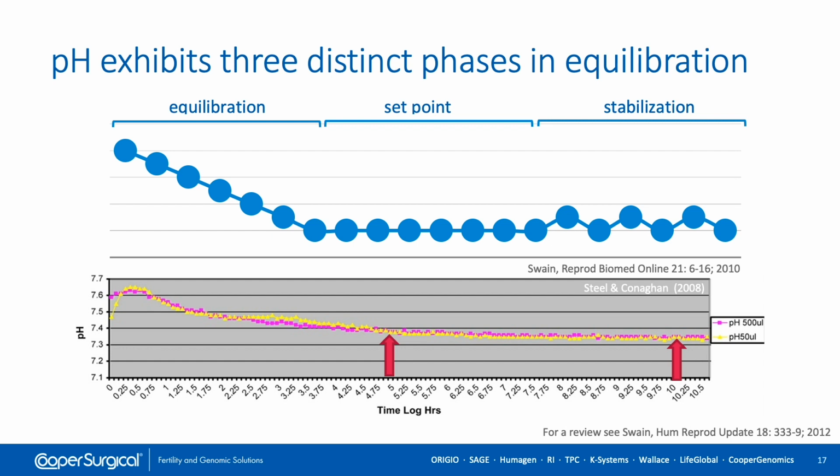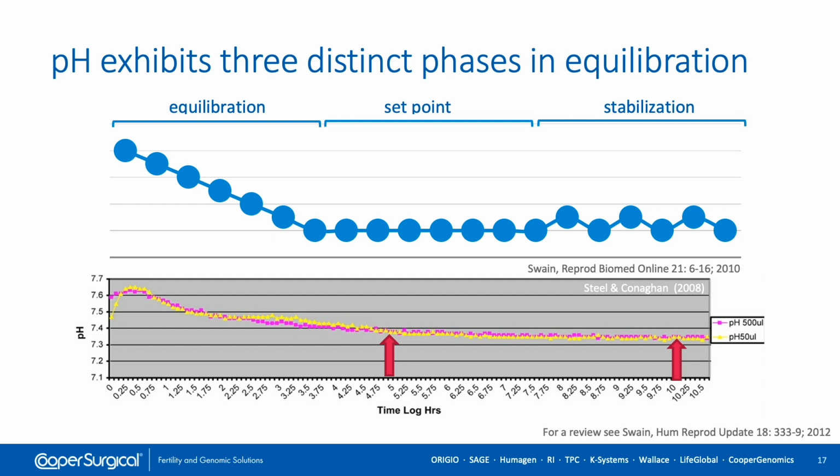And this takes a number of hours. So there are 3 different points amongst getting pH to a stable level: equilibration, reaching the set point, and then stabilization itself, where you see variation affected by opening of the incubators, etc.